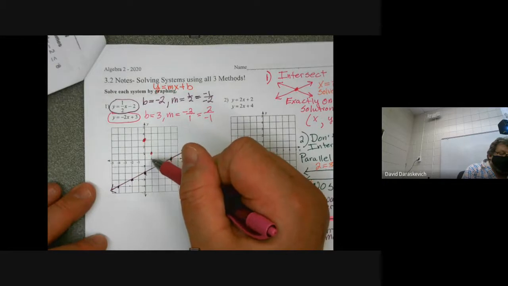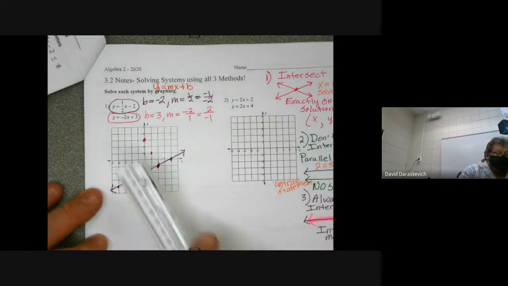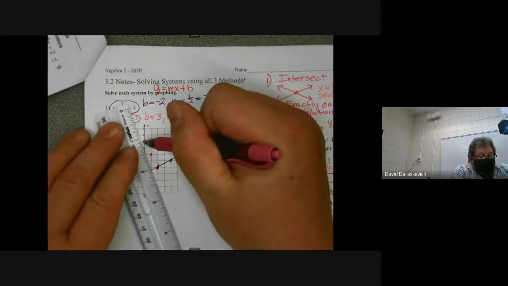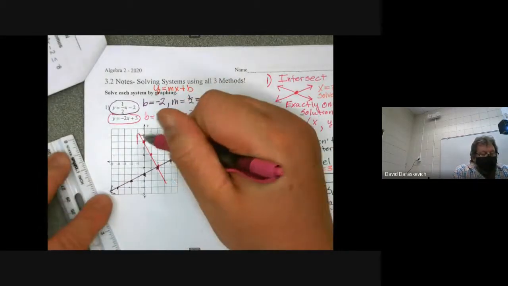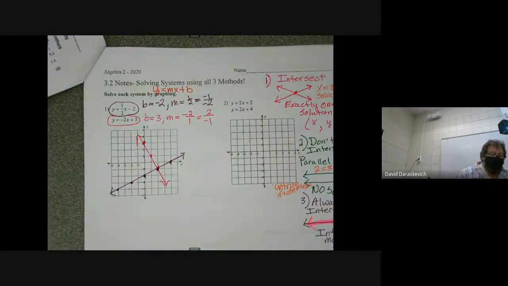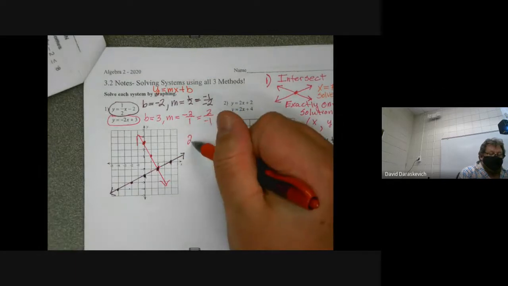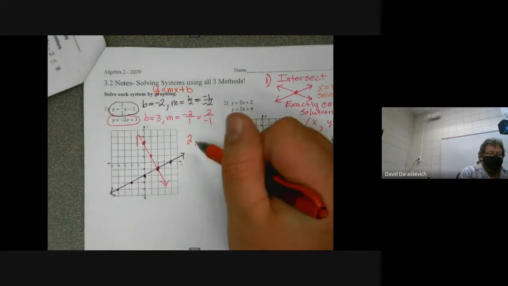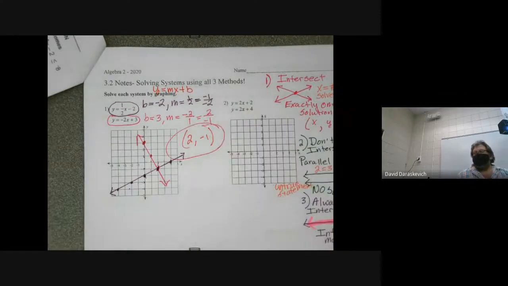I'm going to keep going until I know these are going to intersect, till I get to that point. Because I know exactly where they intersect now. Don't leave your answer without the ordered pair. The answer is (2, -1). Okay?